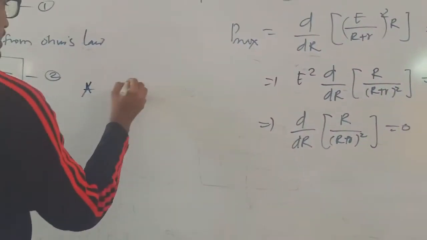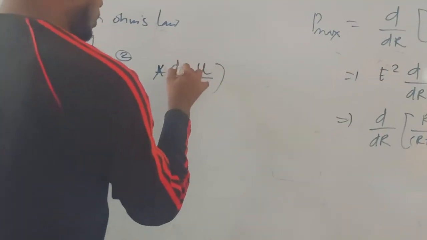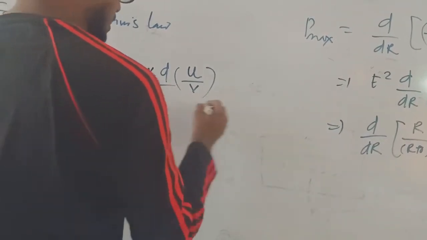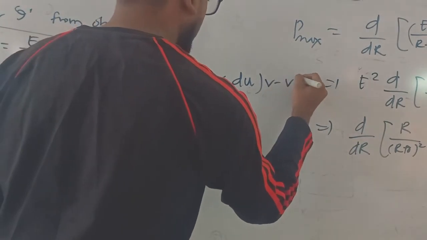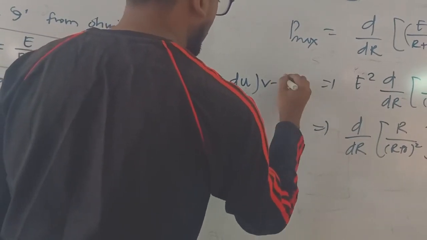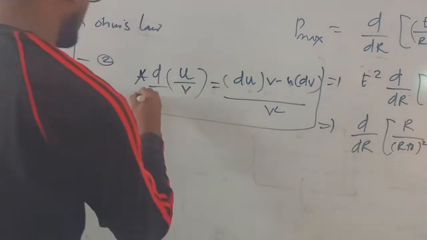We already know that if there is a function like u by v and we have to differentiate this, it will be (du into v minus u into dv) divided by v squared. This is the formula.